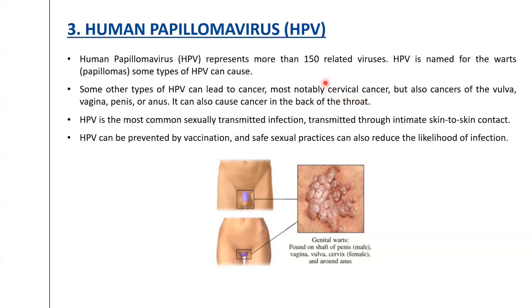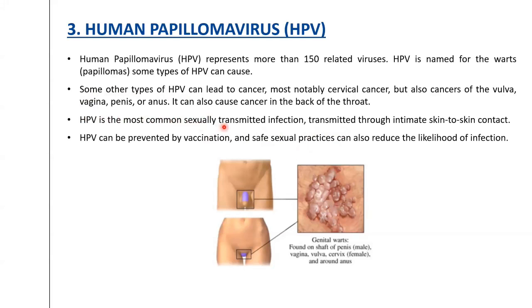So the number one cause of cervical cancer in women is HPV, but it can also cause other cancers of the genital tract of the woman like vulva or vagina, and cancer of the penis, or cancer of the anus as well, because these areas are closely related, so it can spread easily. HPV can also cause cancer in the back of the throat, because this disease can also be spread through the blood into different areas of the body.